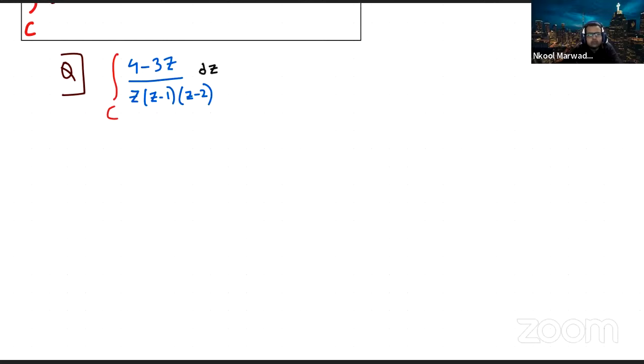And here the contour is basically mod of z is equal to 3 by 2.